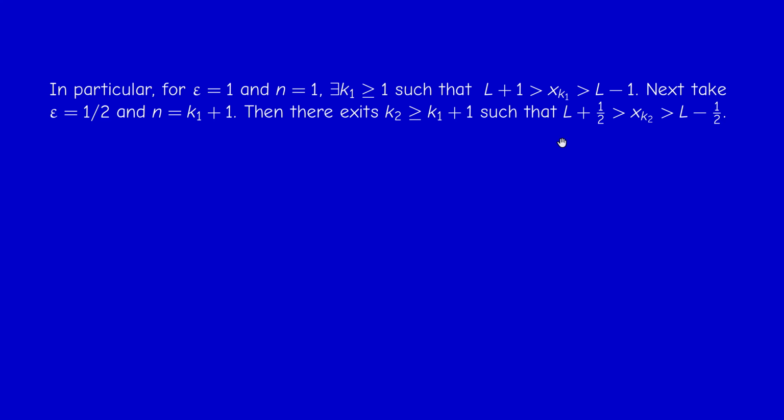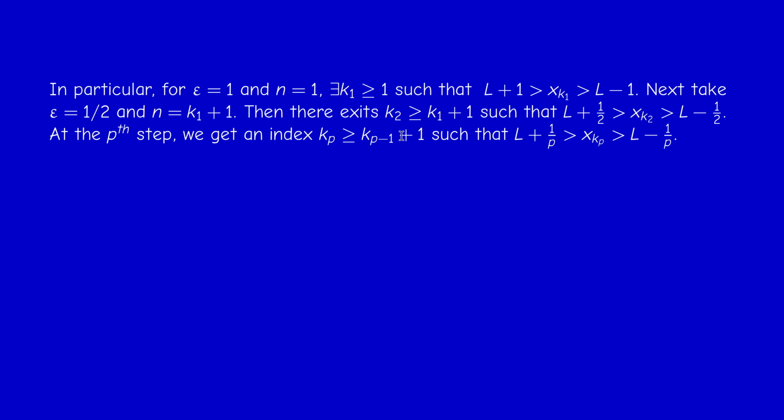And now you probably guessed the continuation. At the third step, I take epsilon equal 1/3 and n equal k2 plus 1. So at the p-th step, more generally, we get an index kp strictly bigger than the previous index, such that xkp is between L minus 1 over p and L plus 1 over p.